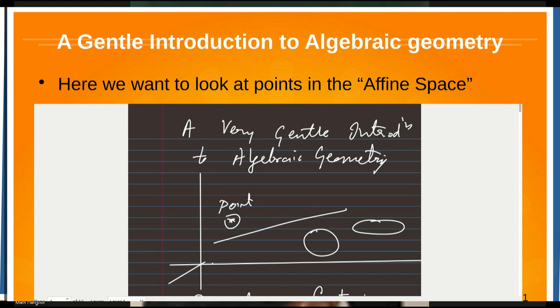We fix an algebraically closed field K, and the points we consider come from K^n, the n-dimensional space over the field K. So that's the affine space, where it's not quite the vector space because we don't have a fixed null vector, the origin.